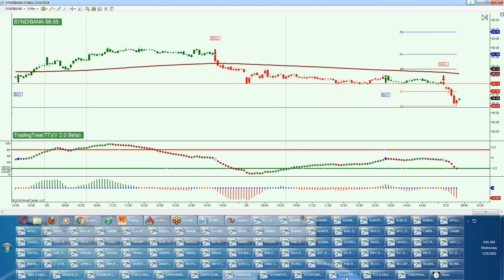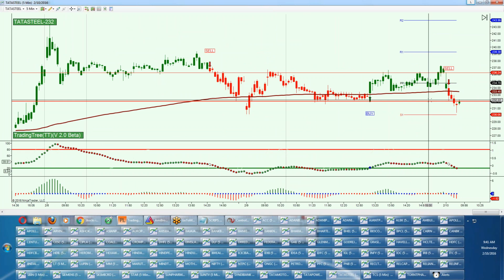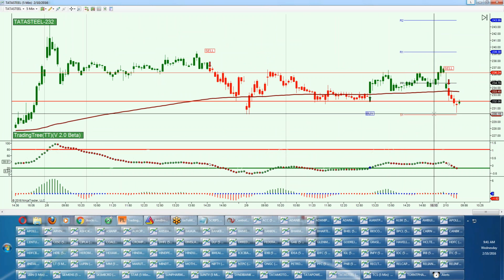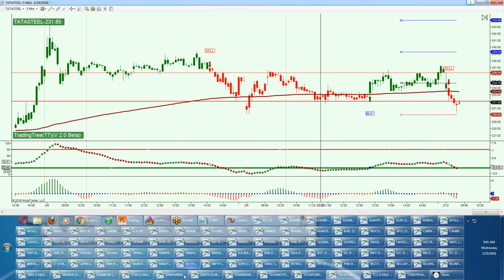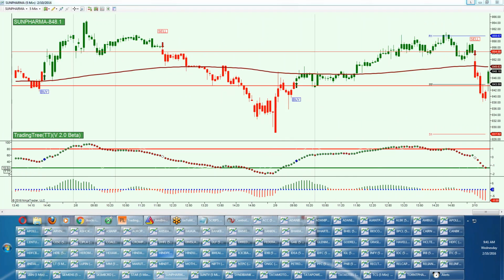So I was just telling you, in case the particular script crosses that blue line, it turns into red. So your first profit is slightly above S1. So Tata Steel, the profit is done. 332 was your entry, and 230 was your first target. So similarly, even Sun Pharma has done. I mean, it has crossed.